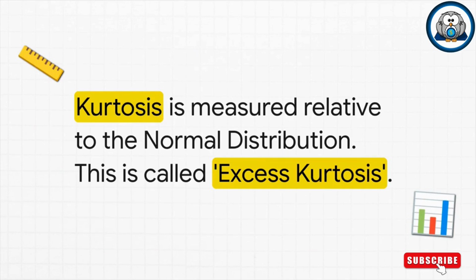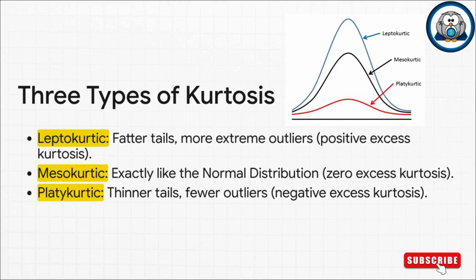And how do we measure this? Well, we always compare it back to our perfect benchmark, that normal distribution. The actual measurement of how different a distribution's tails are from that normal one is called excess kurtosis. It's basically our yardstick for measuring the potential for outliers. And this whole idea kind of breaks down into three main flavors. First up, you've got a leptokurtic distribution.